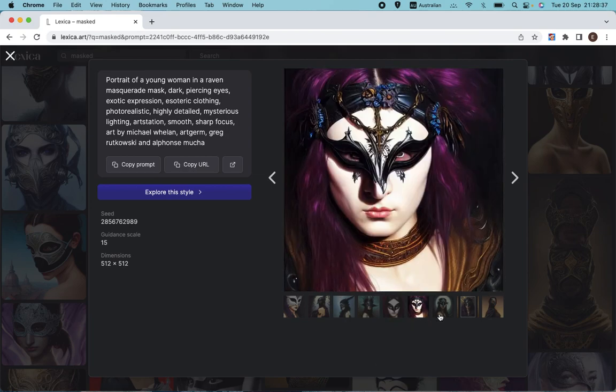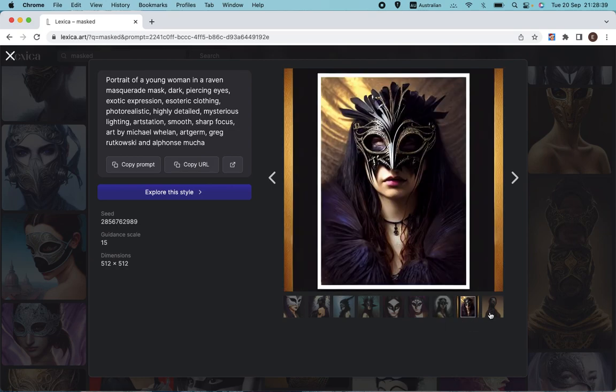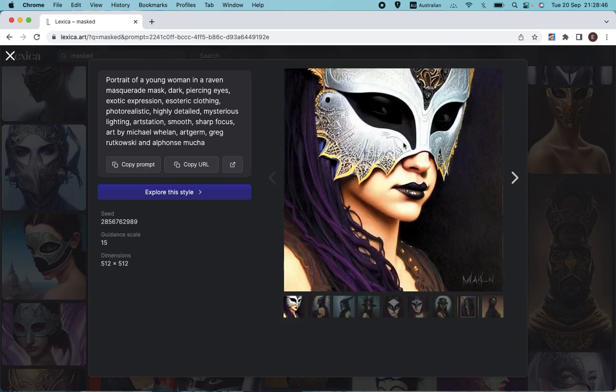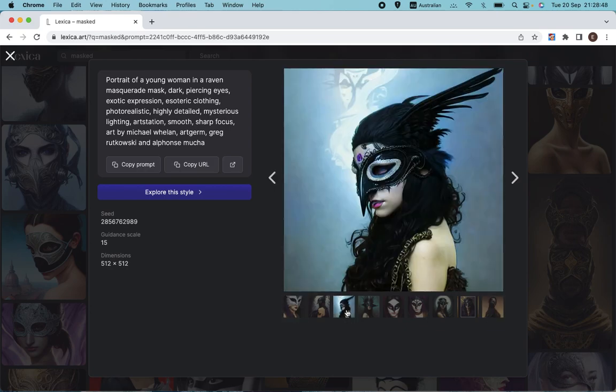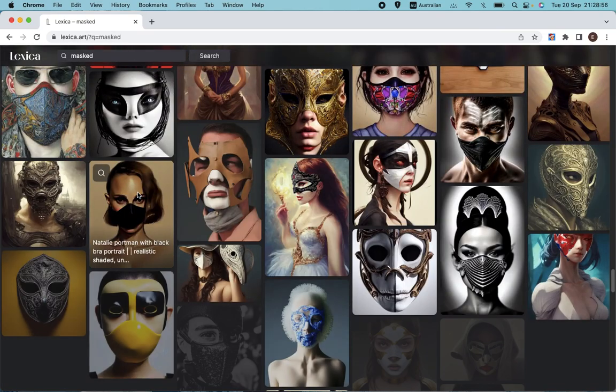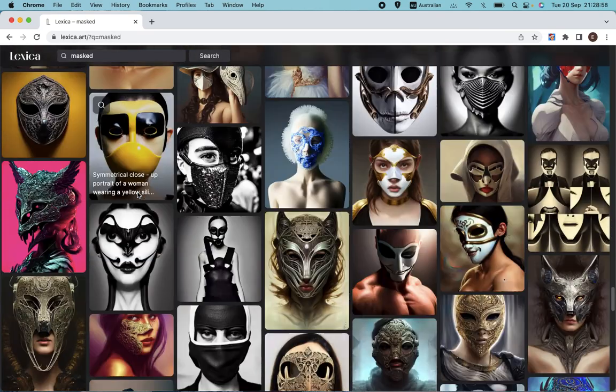So if you want something a bit more realistic, this would be better than headdress. I mean, that's more of a costume, but something like that, I can imagine a person wearing that, or that one. I won't go through the whole thing, but I think you pretty much get the idea.